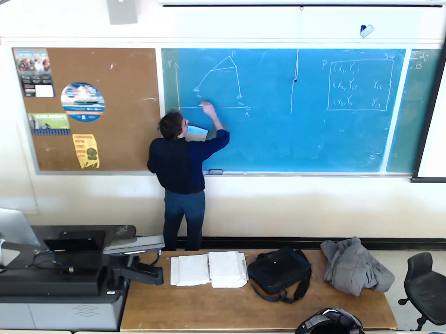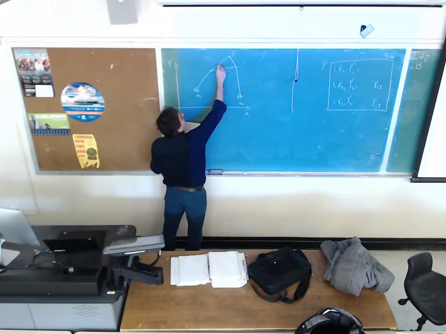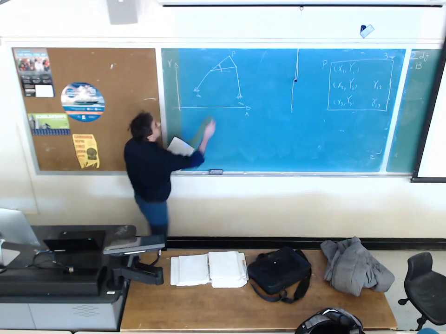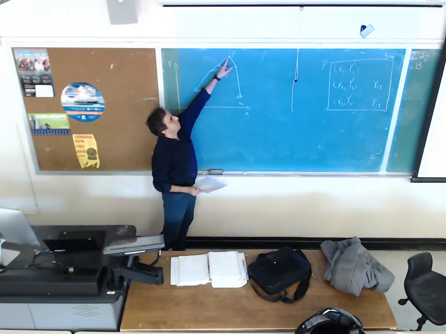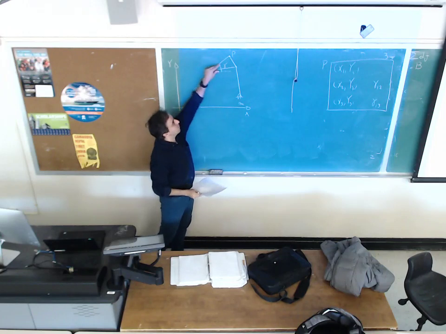This line is parallel to the ground. This angle, we call it gamma, representing the angle of this part with the ground.